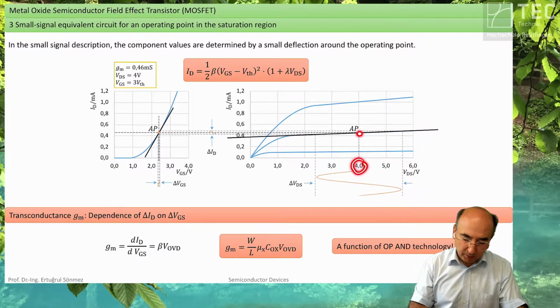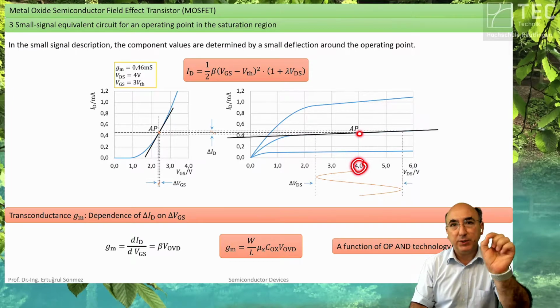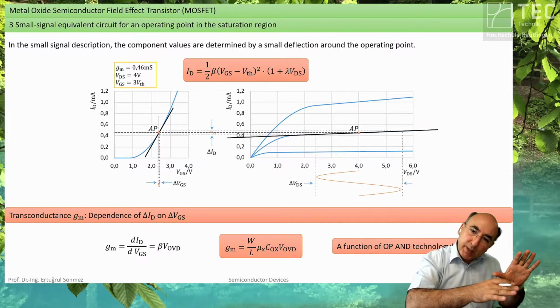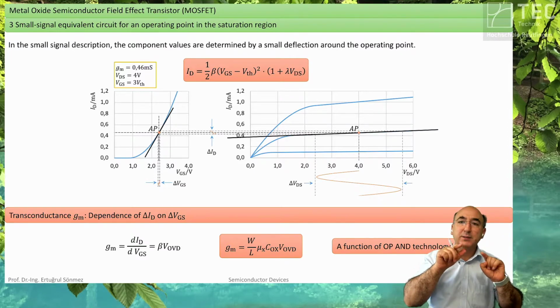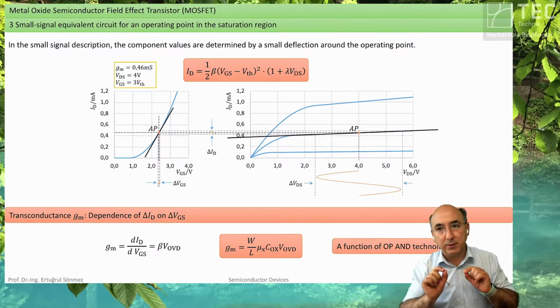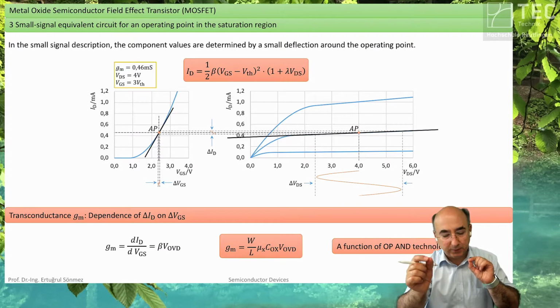Now this is the operation point of the transistor. At that point, you let the transistor work, you let the current through, and then you take a look at the characteristics to manipulate a signal.